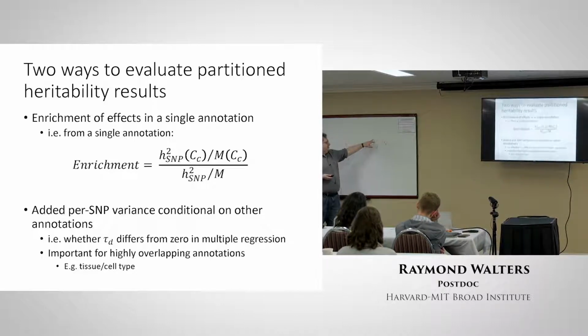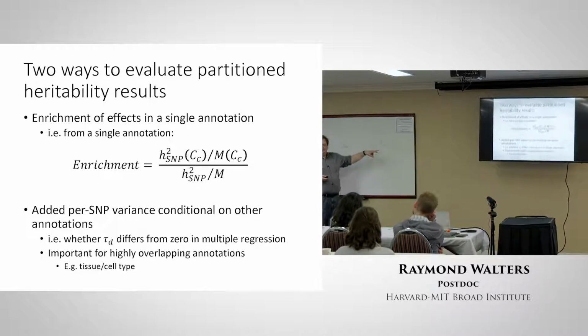So implicitly here, we're taking into account the overlap with all the other annotations. Maybe we fit a tau that says these conserved regions are really important, and so the conserved regions deserve a big tau. Say we're looking at coding SNPs here, and a lot of the coding regions are conserved, so we end up with lots of places where there's overlap.